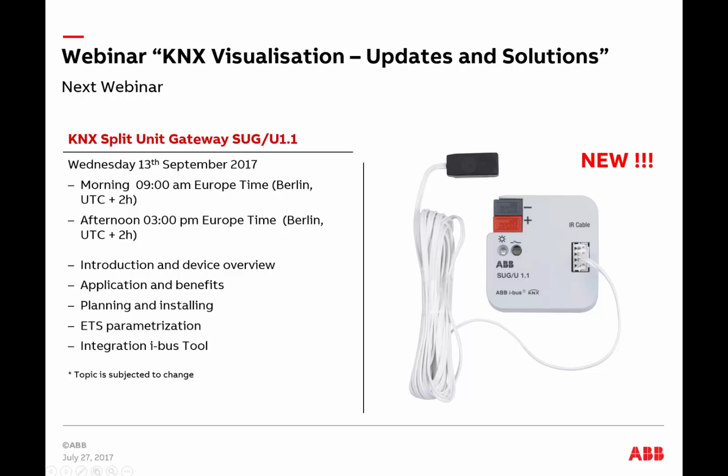It's a split unit gateway to connect KNX to the numerous split units, mainly for cooling, that we have in use worldwide. So there will be a device from ABB, very interesting as well, with a lot of interesting features. You will get an invitation, of course, and maybe you mark the 13th of September in your calendar for this split unit gateway, new component.